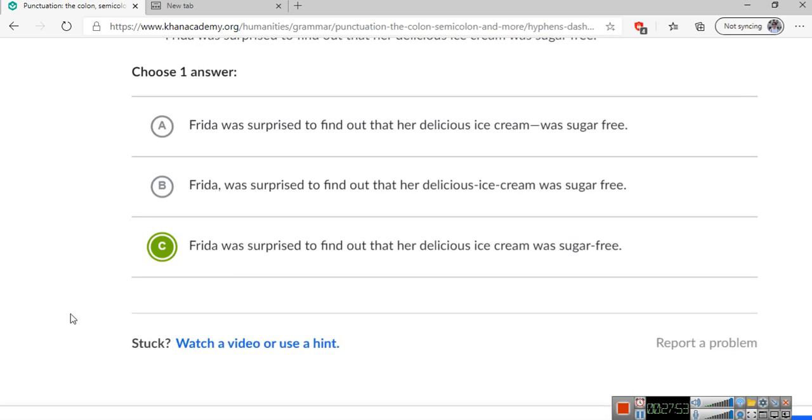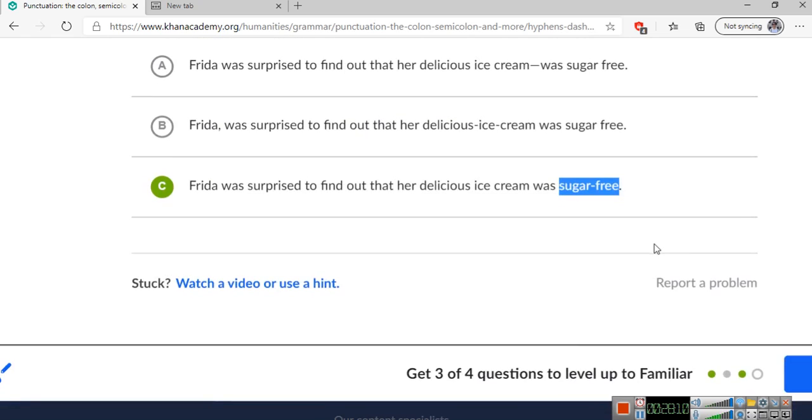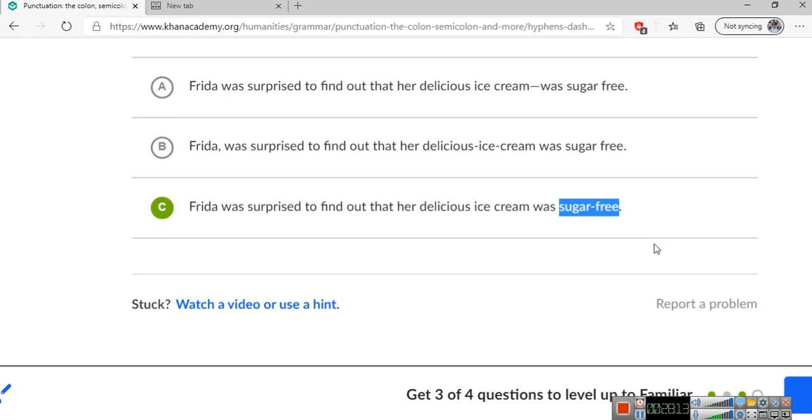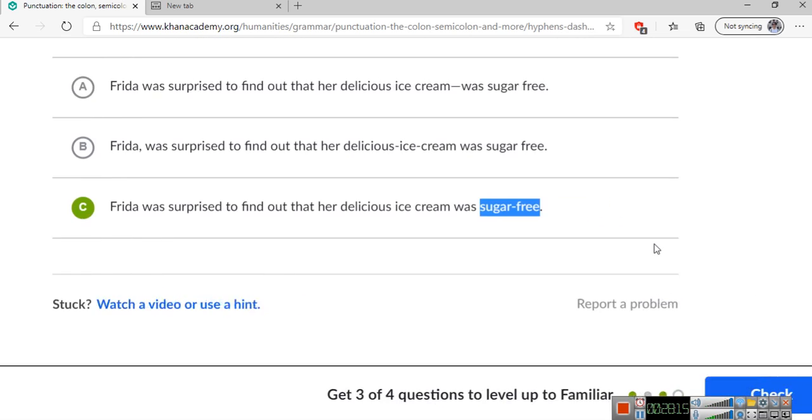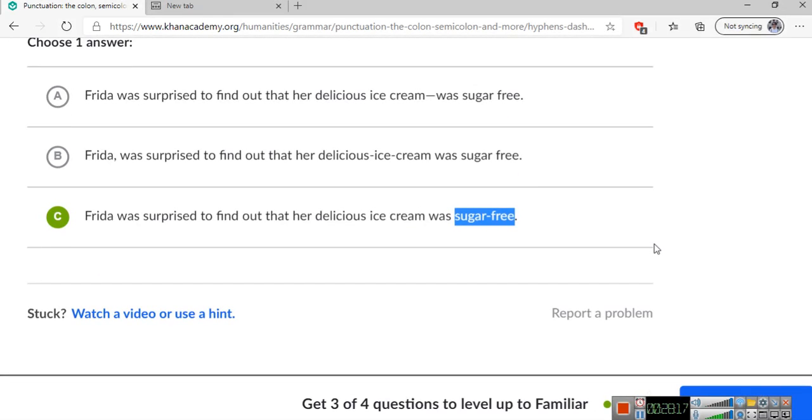So why is it C? Because it's most coherent, like a sentence, was sugar-free, I think. Right. I wanted to look at that because sugar-free is a very common word, so it makes more sense.